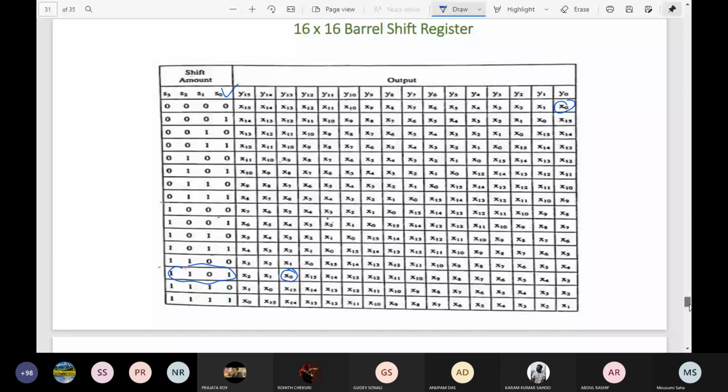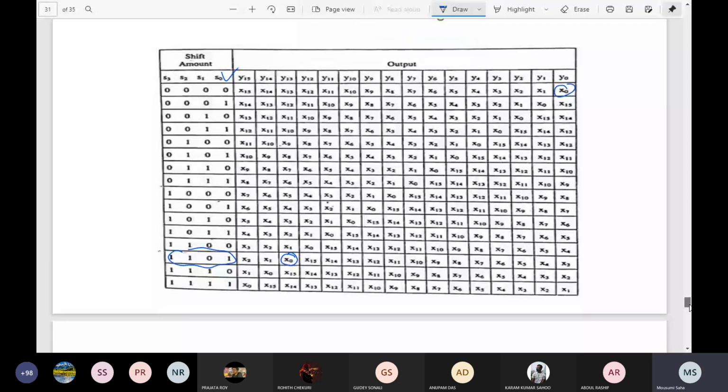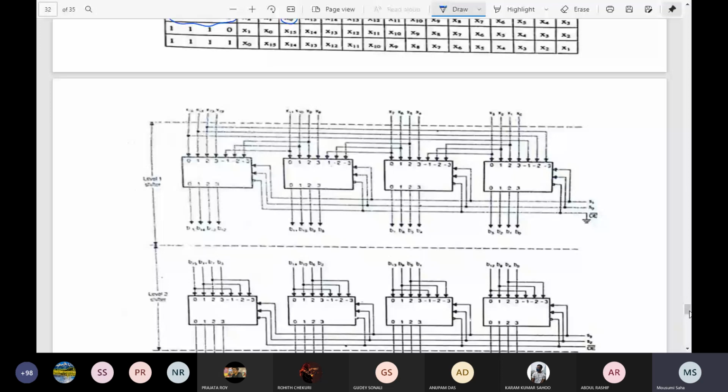Now how can you do the design? See for the first part, if it is 000, then normally you have x0 to x15. Clear? Now for the next time, see that b0 enters here, b1 here, b2 here, b3 here, then b4, b5, b6, b7. So it shifts to the left. In this way it is placed into the second level.